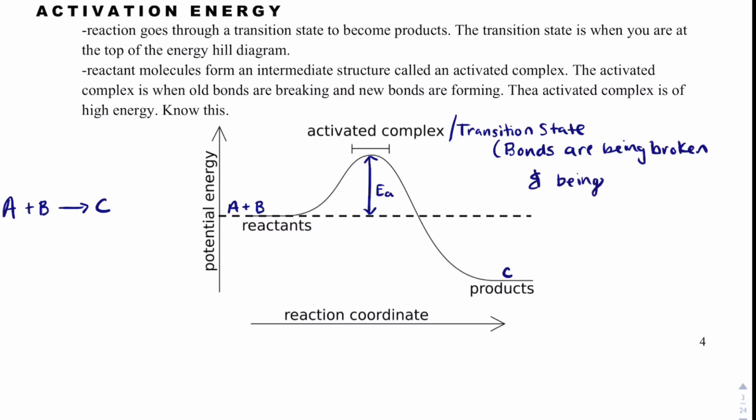And so that is why that is so high in energy, that there's a lot going on, and it's a very unstable situation, because I'm breaking bonds while simultaneously forming bonds, and so just a lot of energy.